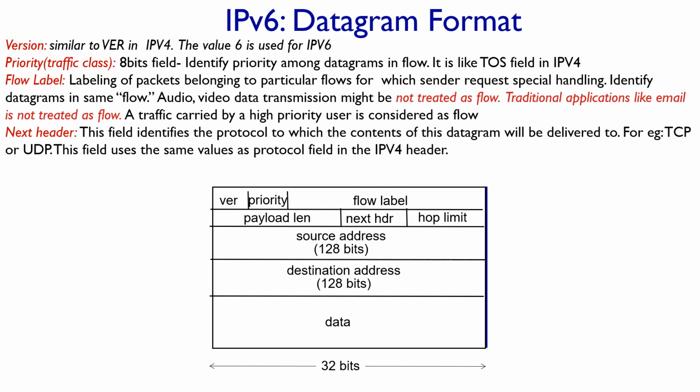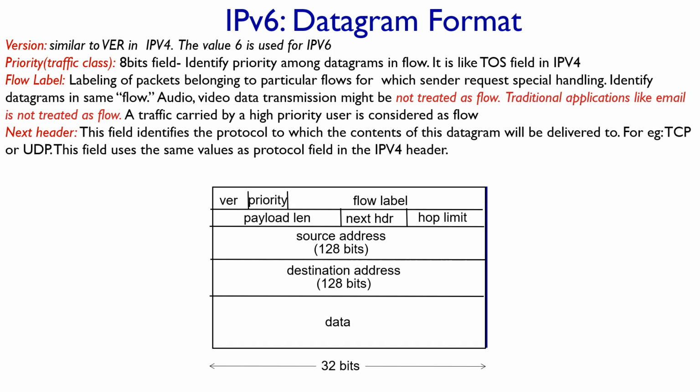Here the frame format of IPv6 is given. There are very few fields compared to IPv4. The first field is VER, version, which is similar to VER in IPv4. The value 6 means IPv6 is used. If the value is 4, it means IPv4 is used.